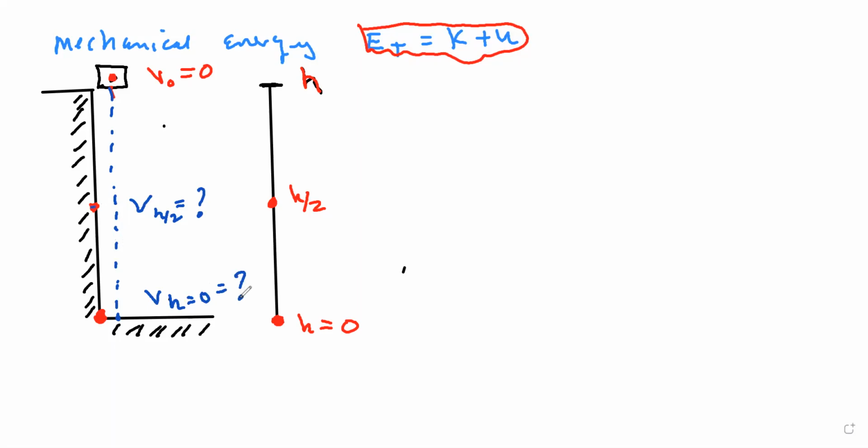Okay, so the total energy is going to be, we're going to give the mass of 10 kilograms. And we know that g is 9.8, more or less 10 meters over second square. And the height is going to be equal to 10 meters.